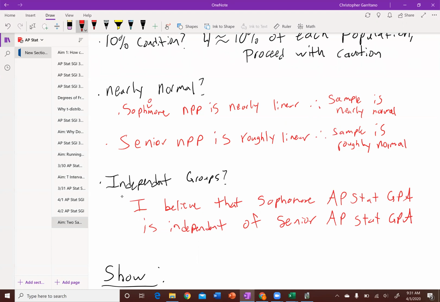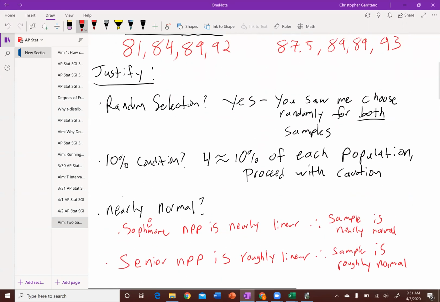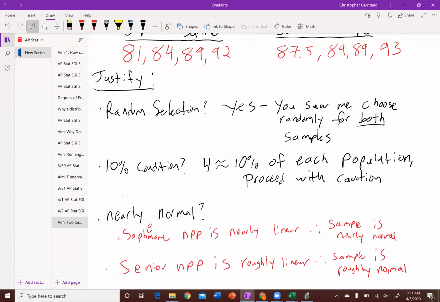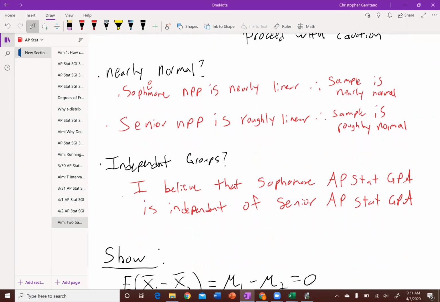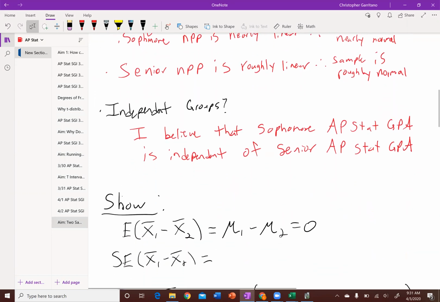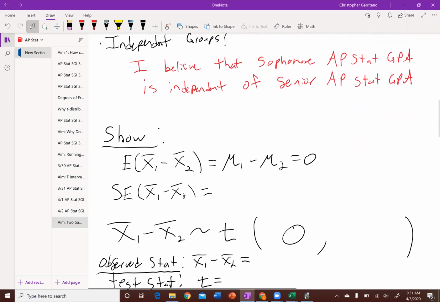I spelled it wrong up there. All right, and there we have it. We have our conditions either met or not met, and we've already said that we're going to proceed with caution. So now, if all the conditions are met, then we have to deal with the sampling distribution in order to calculate our p-value.